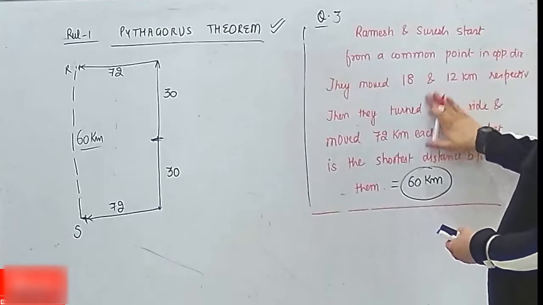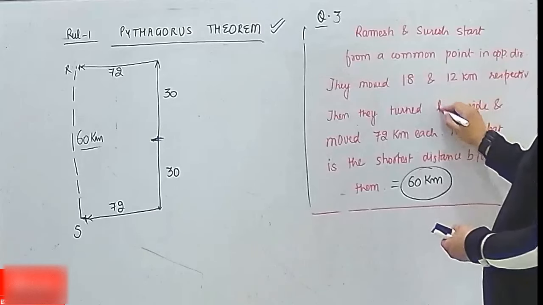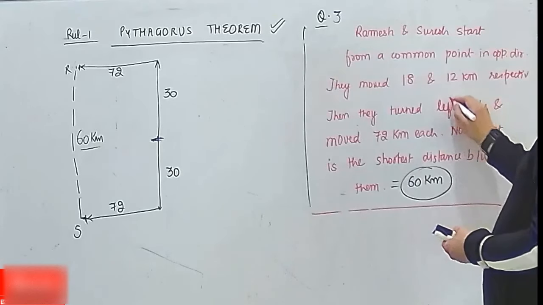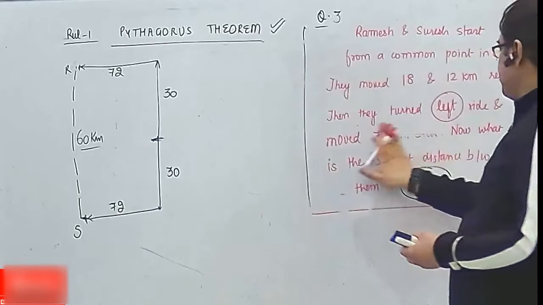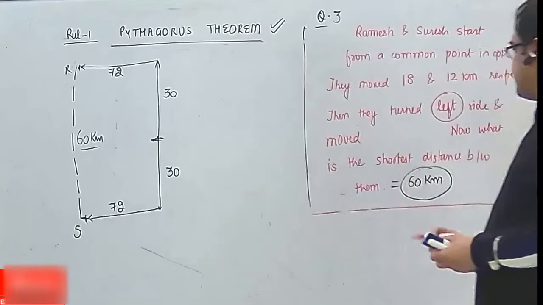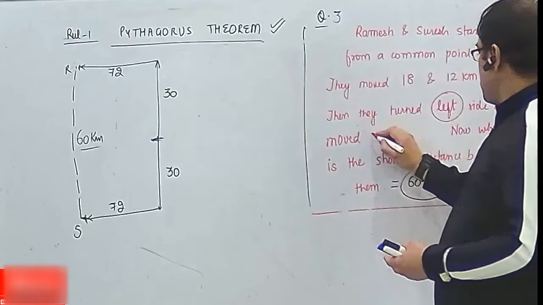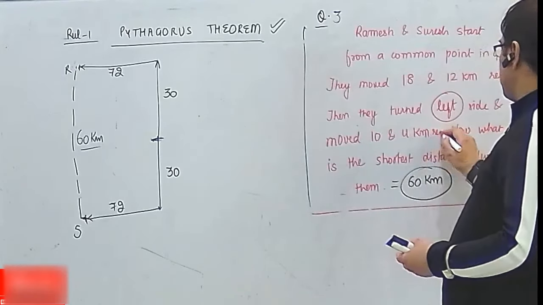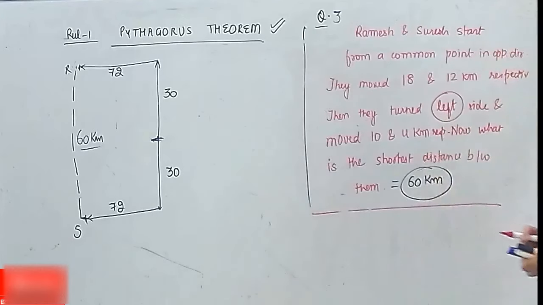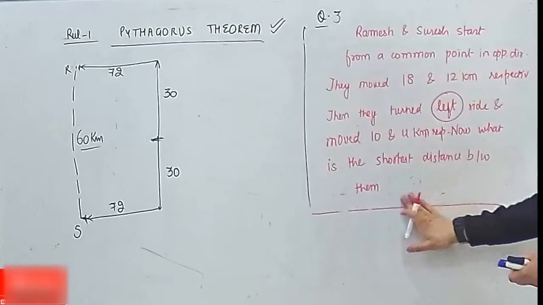And then turned left side, the important left side, and moved 10 and 4 kilometers respectively. What is the shortest distance between them?